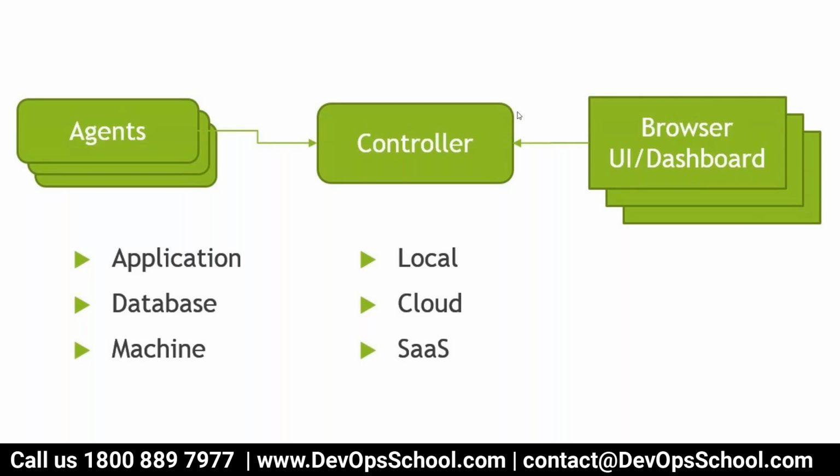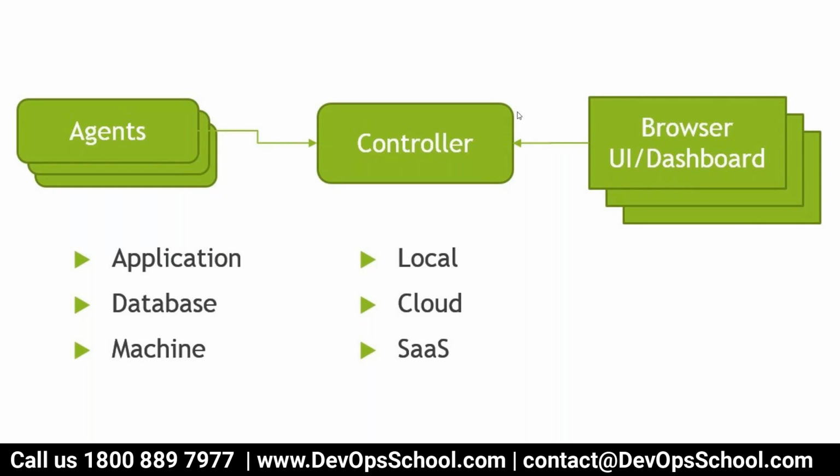Okay. And if you want some information from the database, then you have to go for the database agent. And if you want data for the traces, APM and all, then you should go for the application agent. So these are the three agents which you have. Now the controller, which is a server.